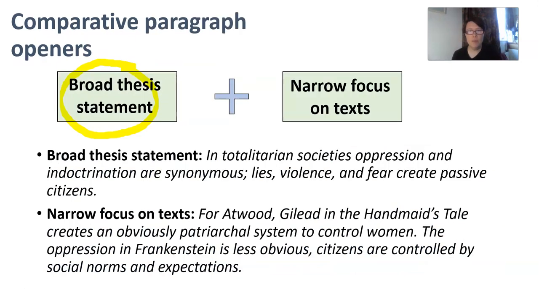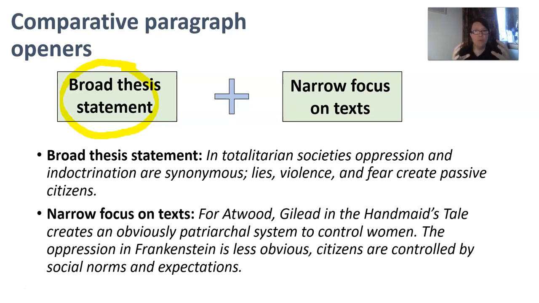All right, let me show you what this means. So I've got a little kind of visual equation for you. We're going to start with a broad thesis statement, and then we're going to go into a narrow focus on the text. So I've got lots of examples for you. So my broad thesis statement might be something like this. In totalitarian societies, oppression and indoctrination are synonymous. Lies, violence, and fear create passive citizens.